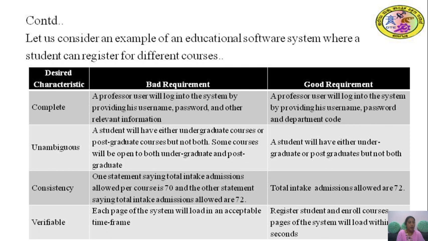So, we have to convert the non-testable argument into a testable argument, that is, a non-verifiable argument into a verifiable argument, which specifically tells which page we are talking about, like the register student and enroll courses pages, and the acceptable time frame is also given, which is 5 seconds. So the conclusion we draw from this example is that this is how we have to look at each and every requirement at the appropriate level.